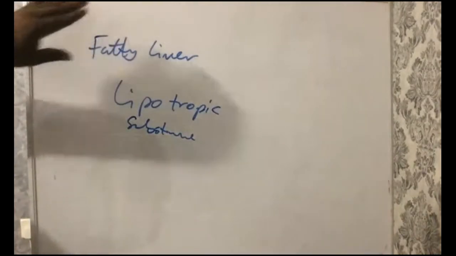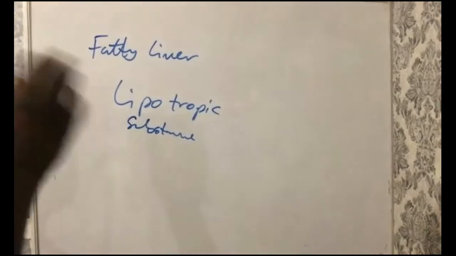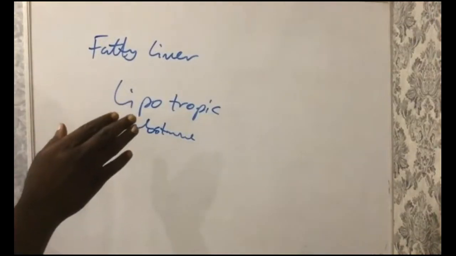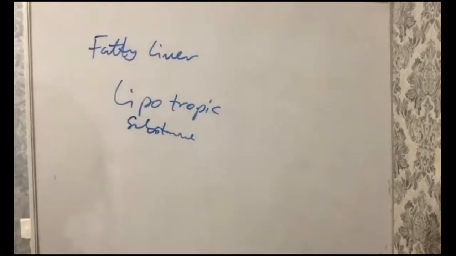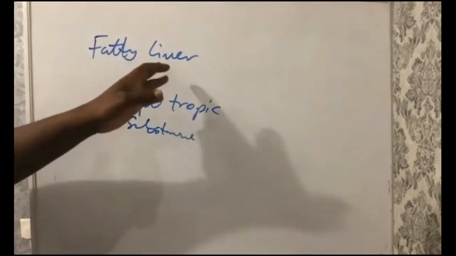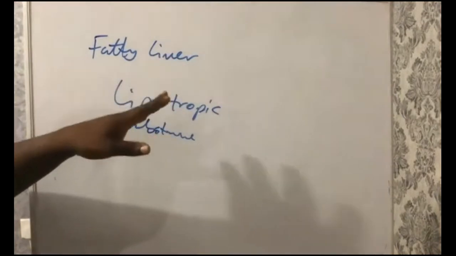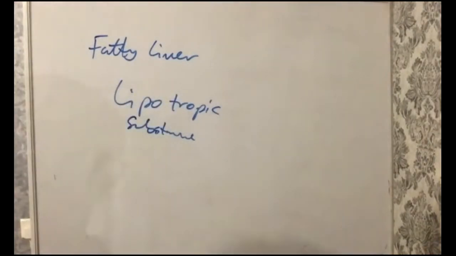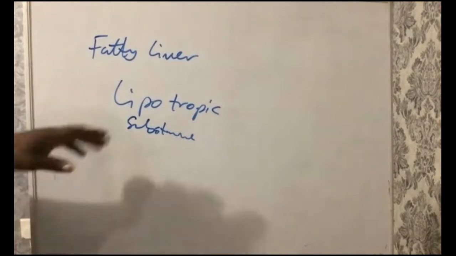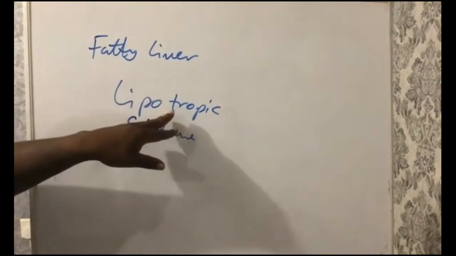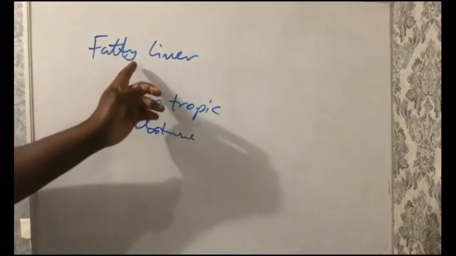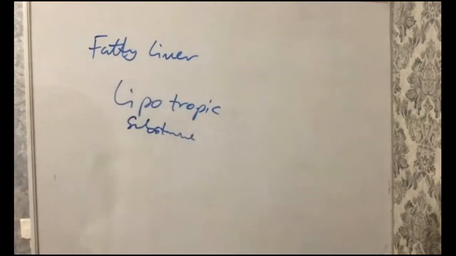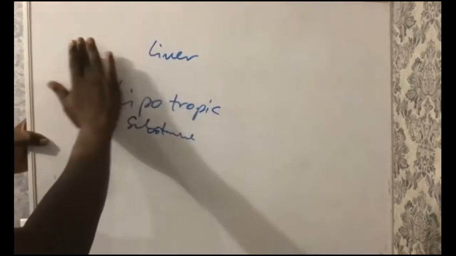There are a lot of mechanisms that the body uses to avoid deposition of fat in the liver. Deposition of fat in the liver will lead to what we call fatty liver disease, or it can also lead to cirrhosis. Now, these substances, called lipotropic substances, export fat from the liver, so that this fatty liver disease will not occur.